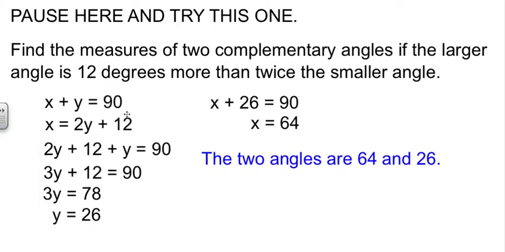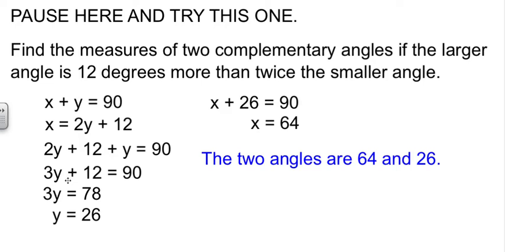Complementary, x plus y equals 90. The larger angle, I picked x to be the large angle, is equal to 12 more than twice the small. This one is set up just begging for substitution, so I substituted this stuff in for x. 2y plus 12 plus y equals 90.